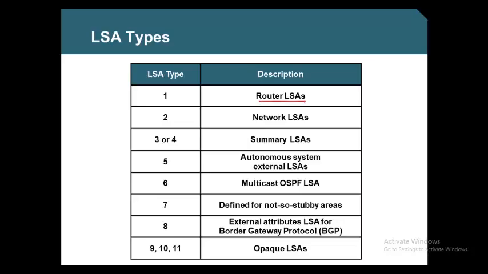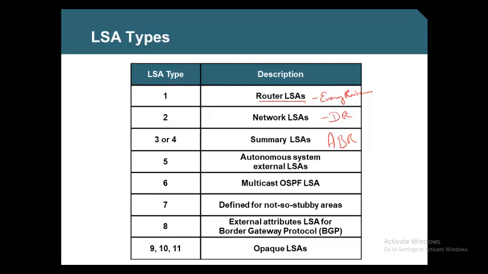We'll talk about what the difference is between these two, but the similarity I'm trying to explain to you is that type 4 advertisement and type 3 advertisement originate from the ABR. Both these LSAs, type 3 and 4, originate from the area border router. That is why the name is the same.